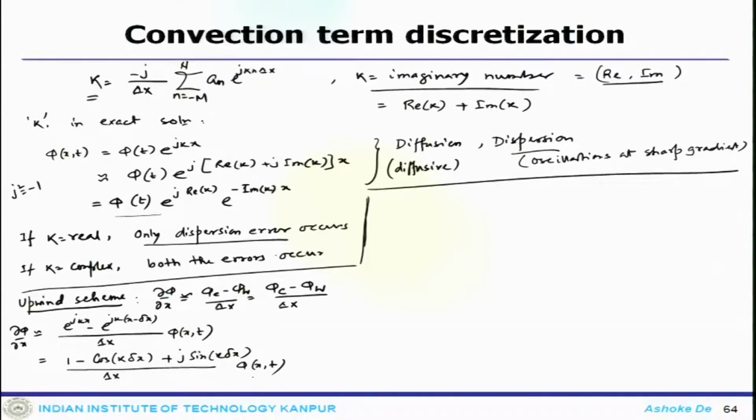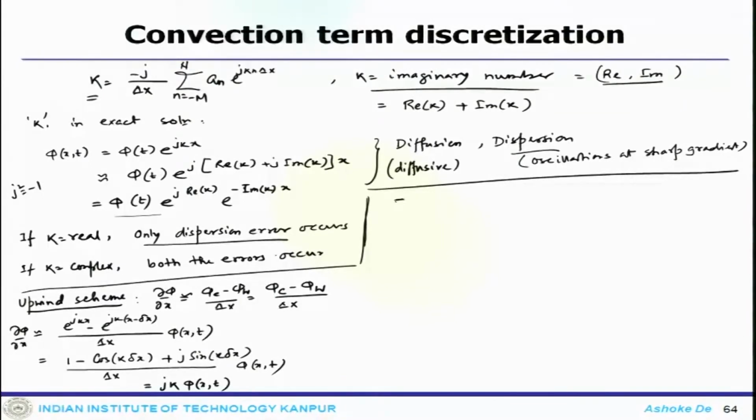So, now that this is jk phi(x,t), which will be equal to jk phi(x,t).